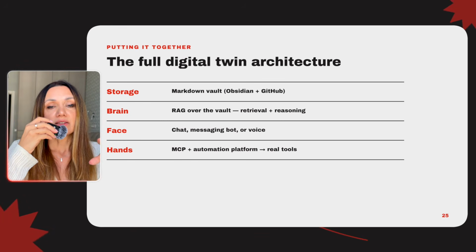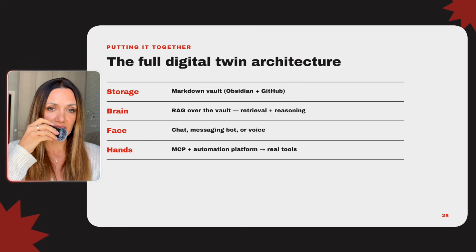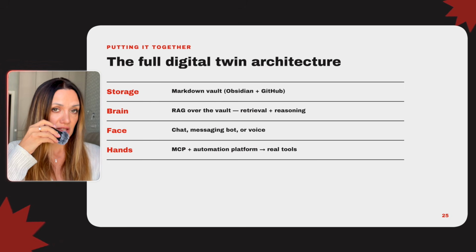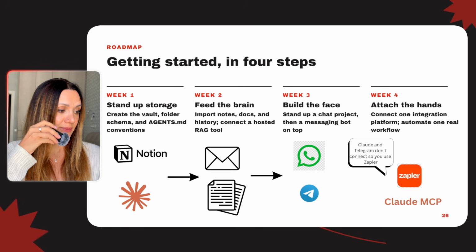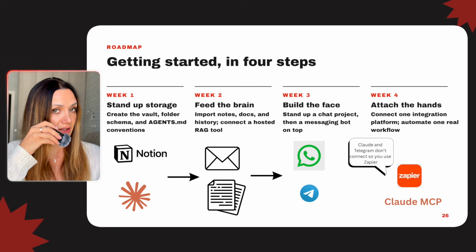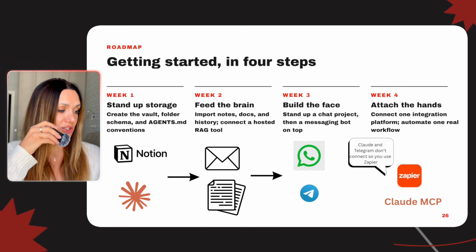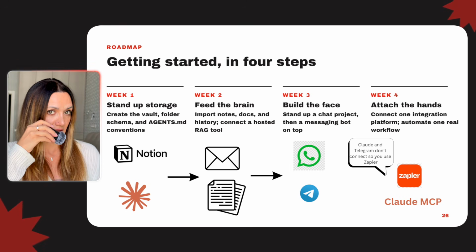And my system is right in here. Super simple. It is content that is needed for my digital twin to understand how to make decisions, what is the business about, what am I about, is all in Notion, connected to Claude. My brain is all the markdown files, all the documents, some of the communications, and it's connected to Telegram and WhatsApp.